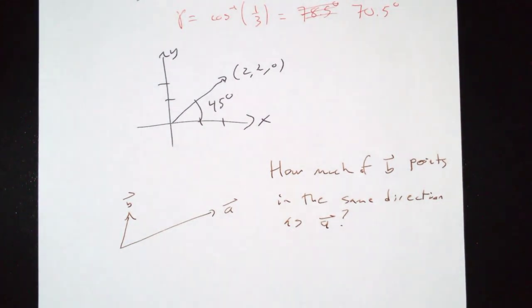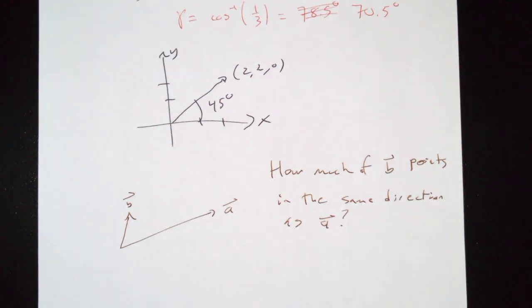Now, here's an interesting way to think about this. You've already done this when we thought about taking a vector and getting its components. Only in that case, we asked how much of the vector went in the X direction and how much went in the Y direction and how much went in the Z direction, yes?